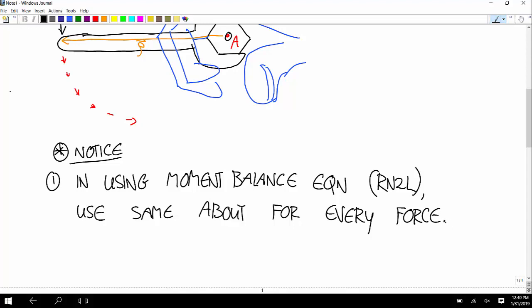So once you choose an about point, you can choose any about point you want in statics, not in dynamics. But once you choose the about point, you have to keep that same one.